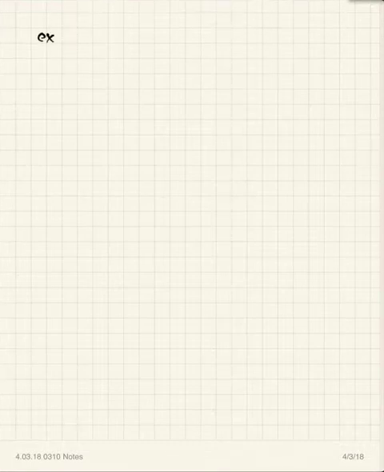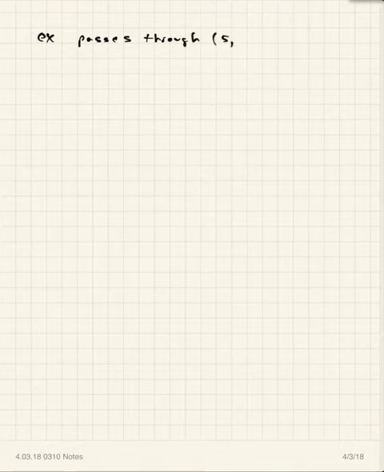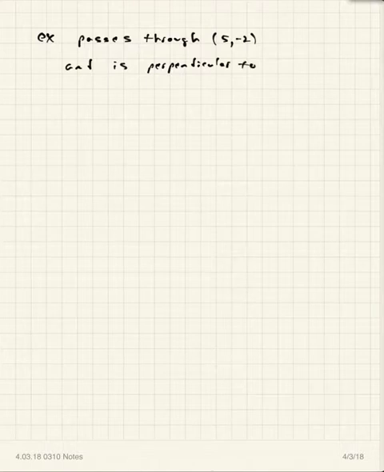So let's say we have a line that passes through (-5, -2) and is perpendicular to x equals 1.